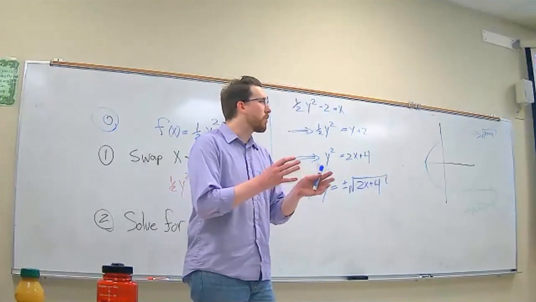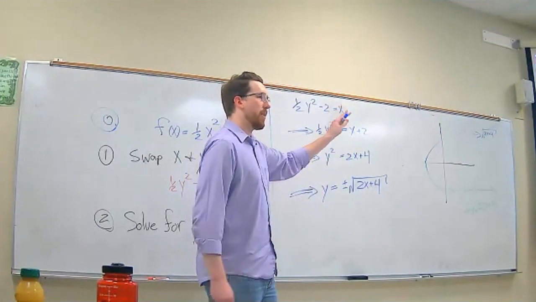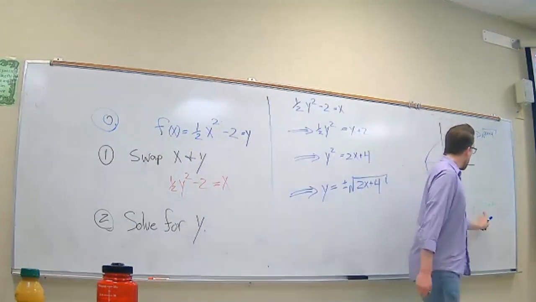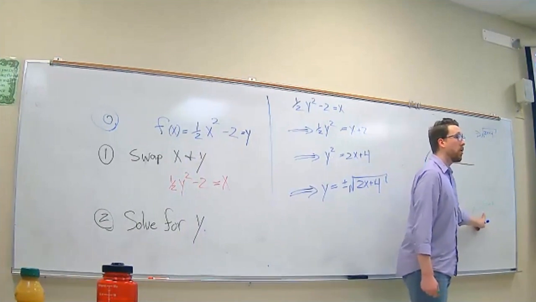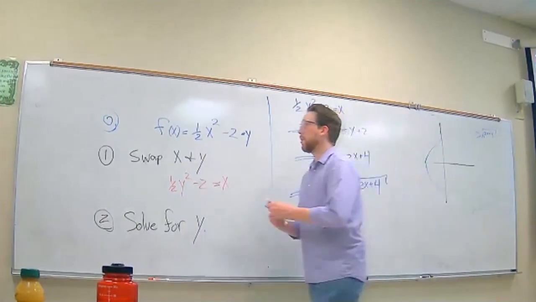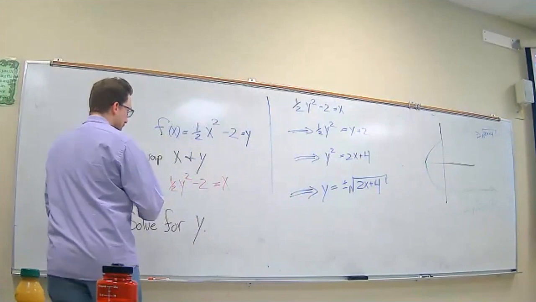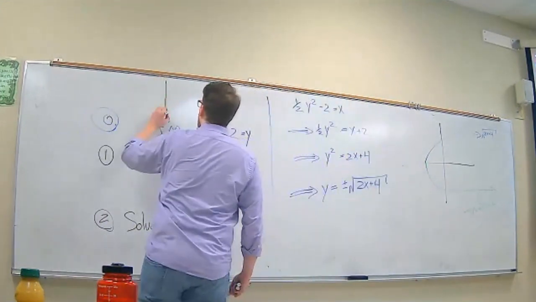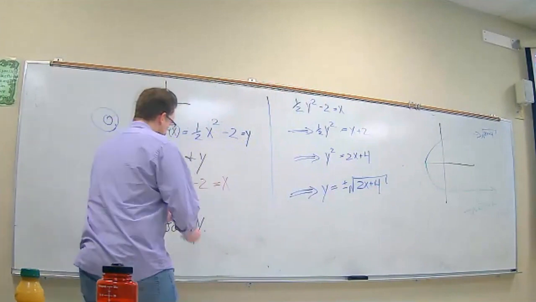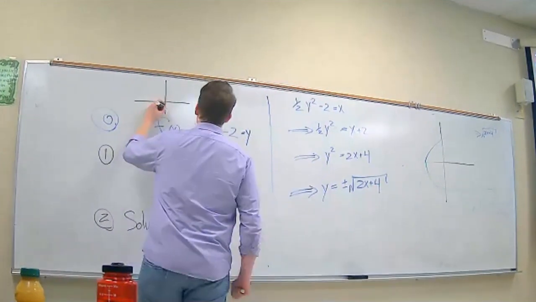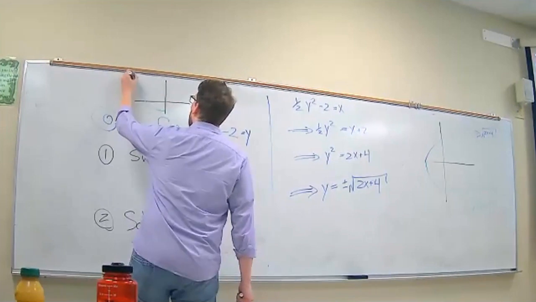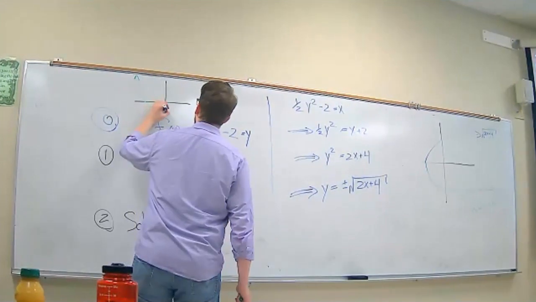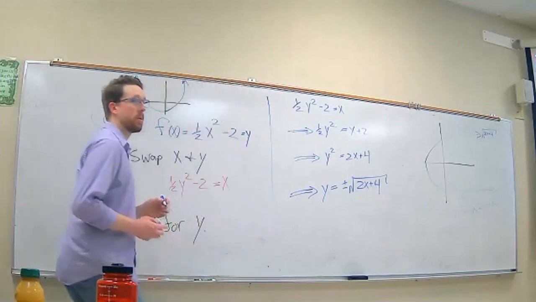But really that x represents the y in the original function, right? So this is going to send us back to all those negative values over here. And this is like that, right?